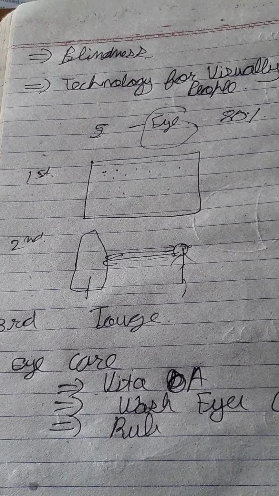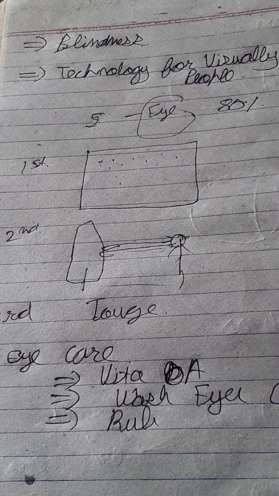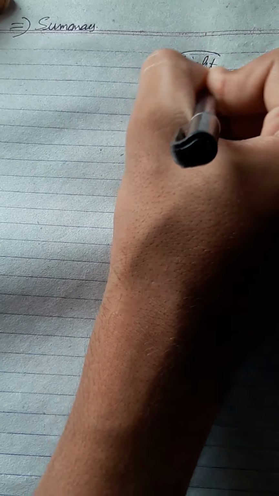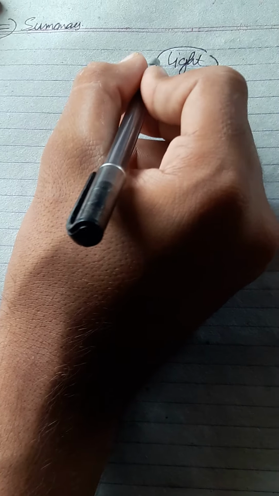Now let's summarize what we have learned in the whole chapter on light. The topic is summary, and we are going to cover this with the help of a mind map. Light is the main topic. It comes from the sun and is used to create the rainbow.